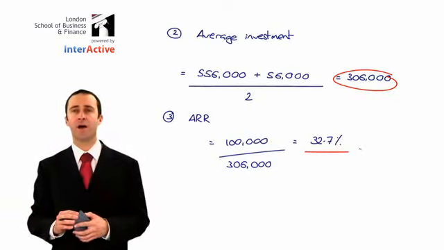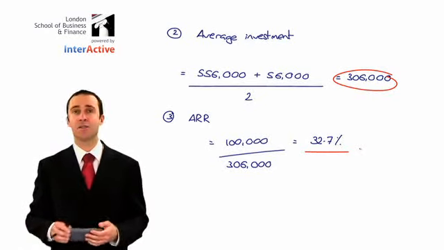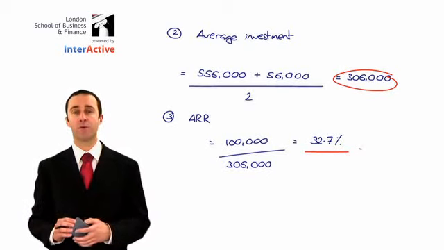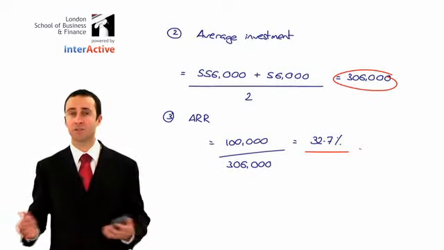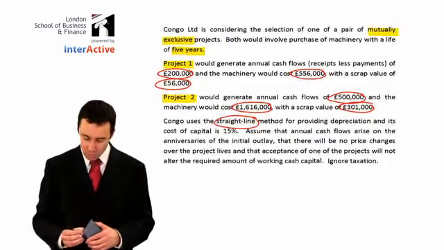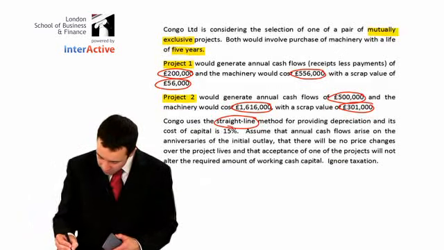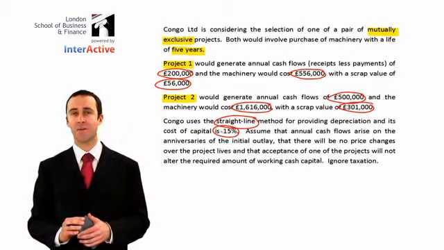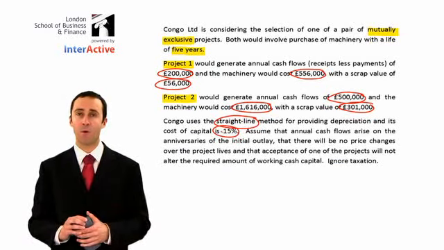What we can do is compare that to a predetermined target, so if you like, our company cost of capital, our company discount rate. Shareholders within this question required a return of 15%. So it beats that predetermined target, and we would accept project 1.